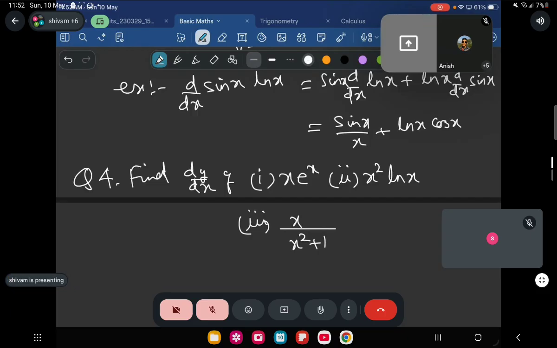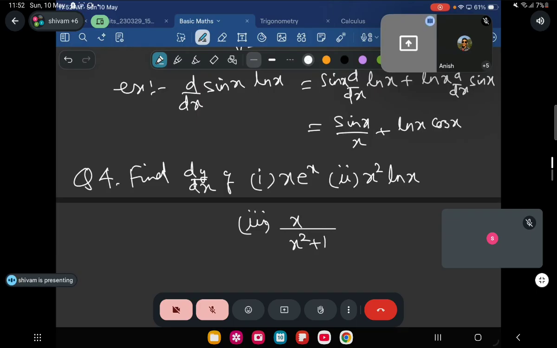First one done. Solve all 3. What's dx by dx? Dx by dx is 1 only.